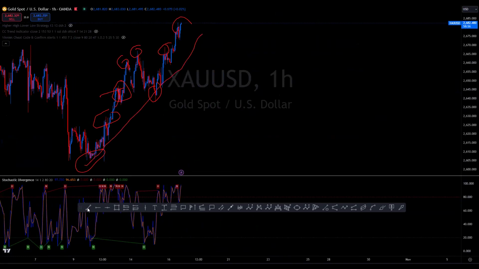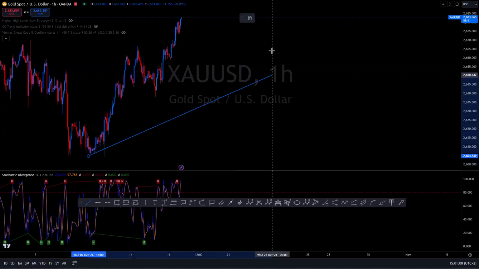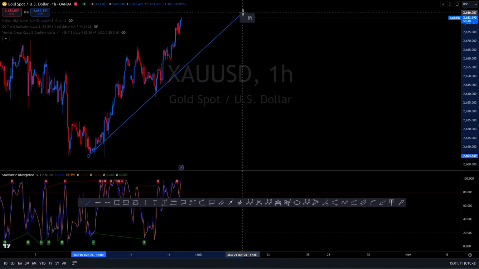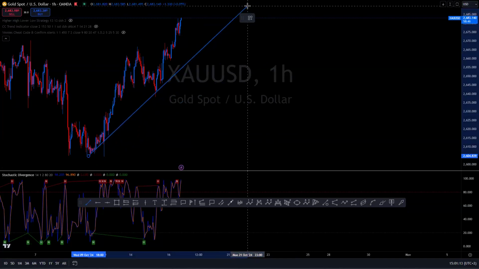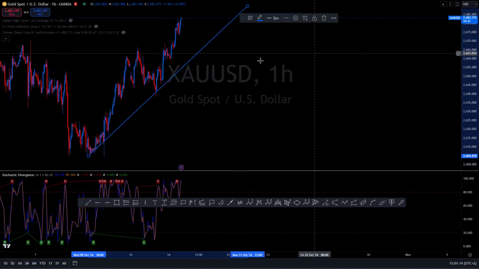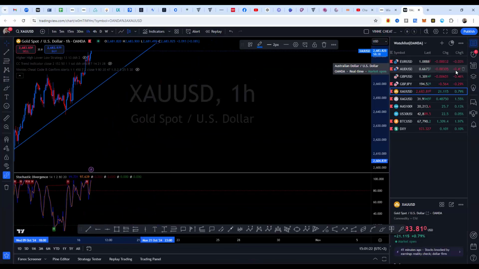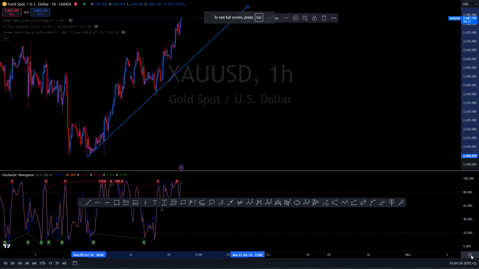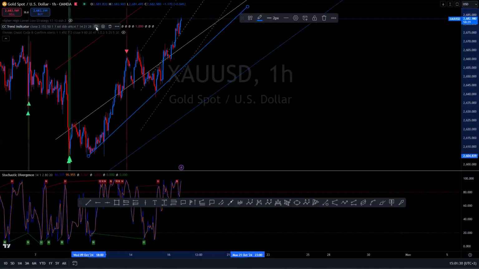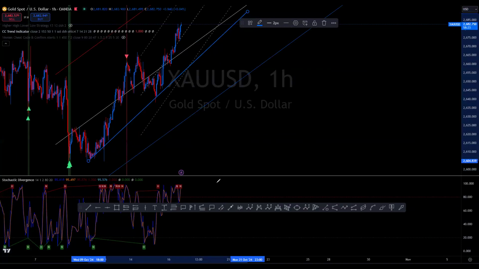Let's go ahead and pick our trend line and draw that. All right, so now we're going to turn on the CC trend indicator and see if it agrees with our analysis on the overall trend.